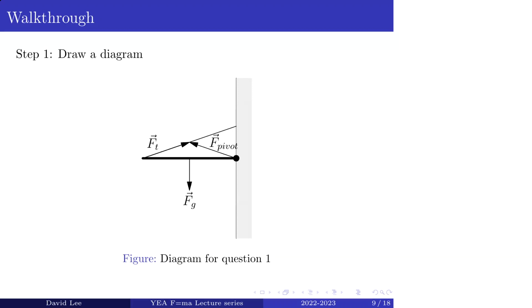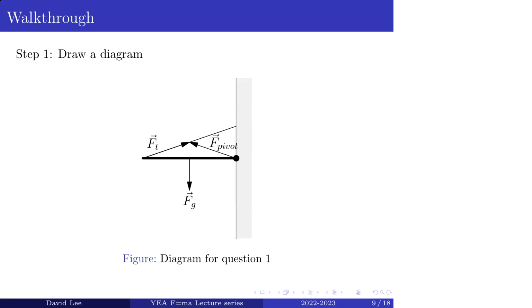So what do we think would be a good origin for this problem? The pivot. Yeah, the pivot is the most obvious choice. It's also the best choice because if you think about it, what forces do we know? We know the gravitational force is just mg. We don't really know what the tension force is yet, and we don't know what the pivot force is yet.